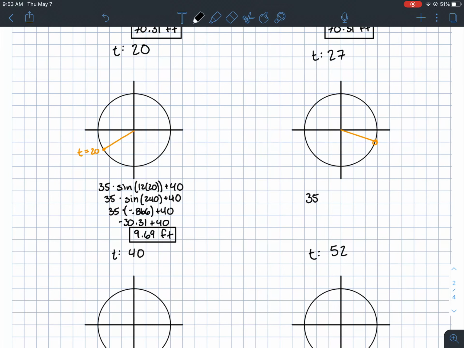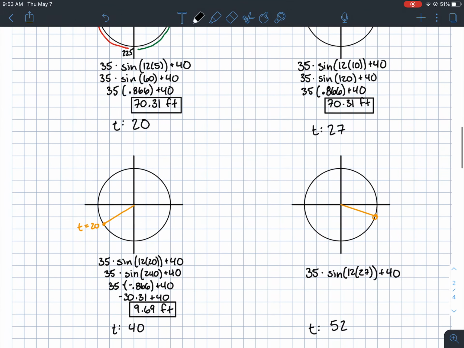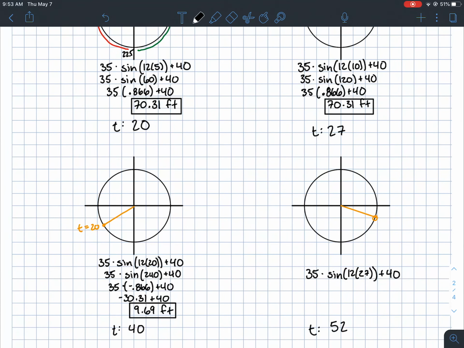We're at 35 as our radius times the sine of 12 times 27 plus our midline of 40. 12 times 27 gives us 324, and the sine of 324 degrees is negative 0.587.